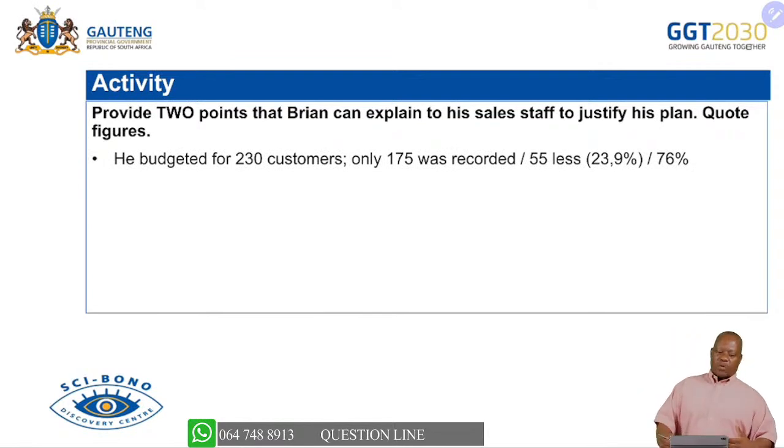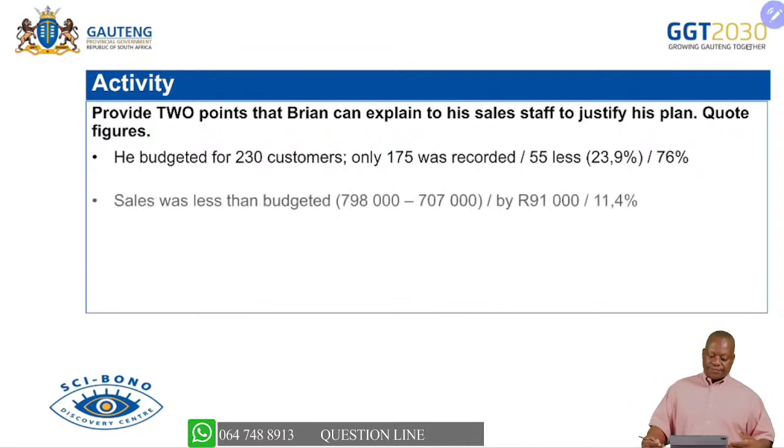So what are the 2 points that we can use? This is one thing that you can say. The budget is for 230 customers and only 175 customers were recorded, 55 less. So what does that mean? It means there are some sales staff members who are left redundant because they have got no customers to serve. So I think the owner is justified for taking one off.